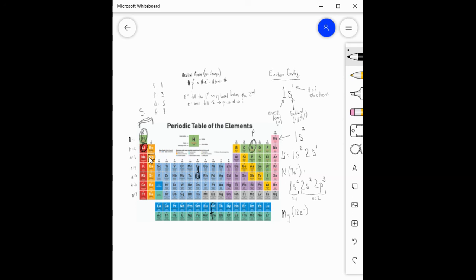Remember, it's going to fill up the 1s first. So there's my 2 electrons in my 1s. It's going to fill the 2s next, so 2s with 2 electrons. Then I've got my 2p. Now the 2p is all filled up, right? So I can fit 1, 2, 3, 4, 5, 6 electrons.